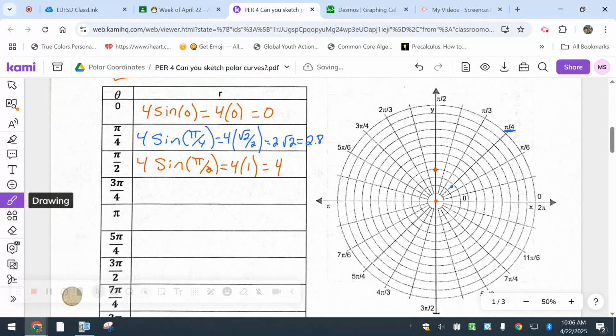Now we go back to our pi over 4. It's 3 pi over 4. Now make sure you are mindful of what quadrant you're in. 3 pi over 4 is in the second, right? So sine is still positive. Okay. So is this answer going to be the same as the other one?